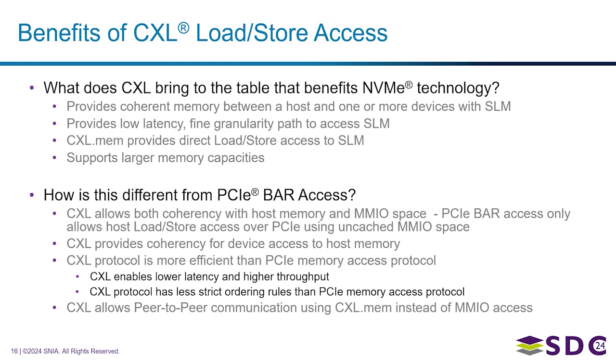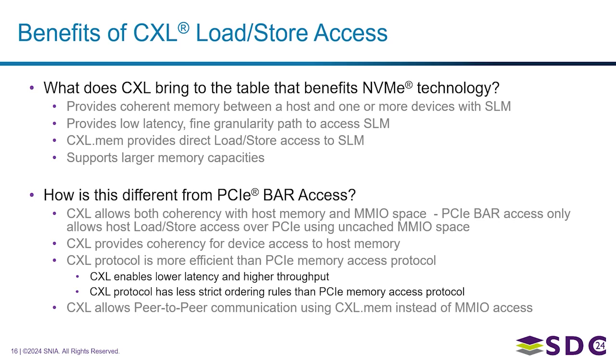You're not going to have coherency with CMB over MMIO, but you do have coherency with CXL. The second item is related. CXL provides coherency for device access to host memory. So we have the coherency both ways, right? We can have the memory in the device and memory in the host being coherent with one another, bidirectionally.